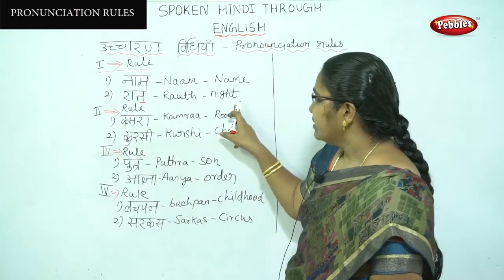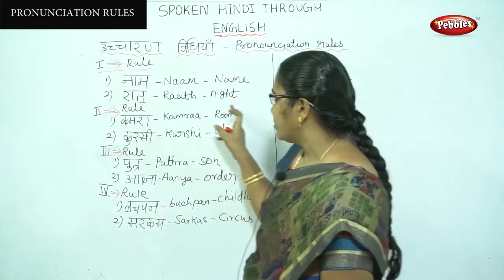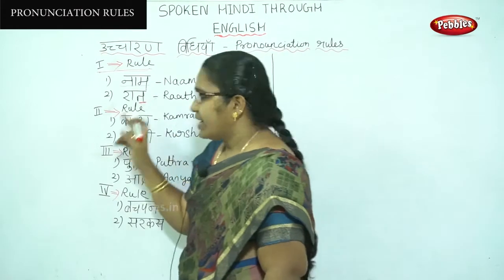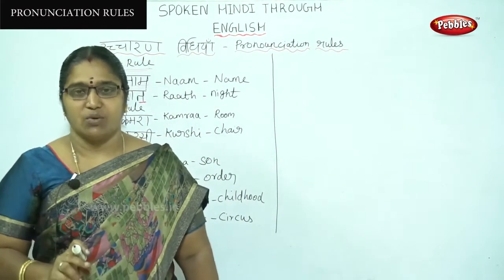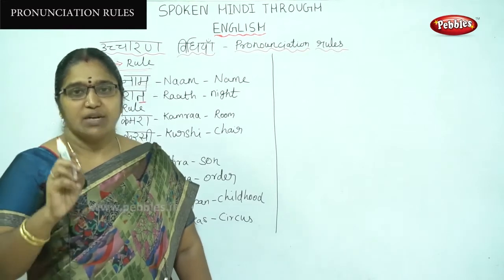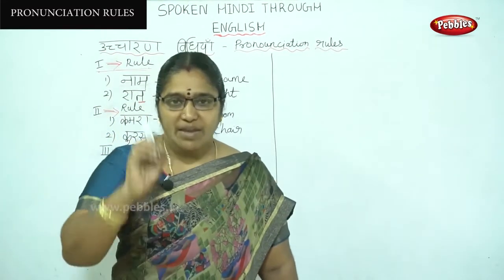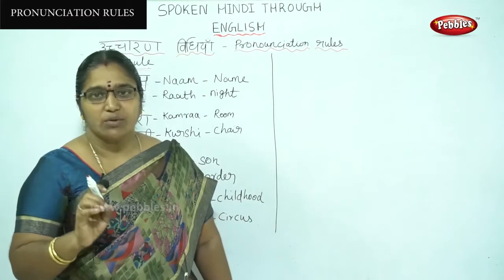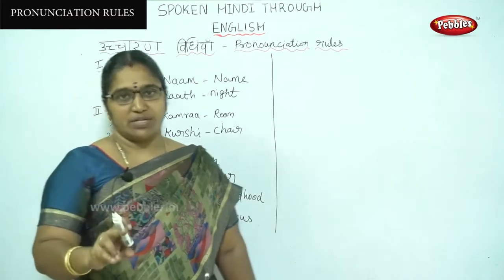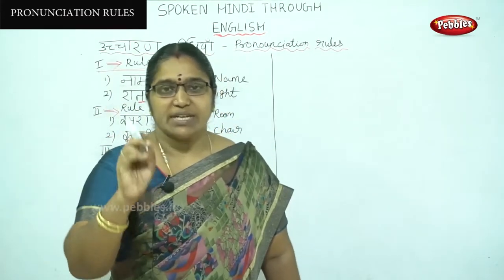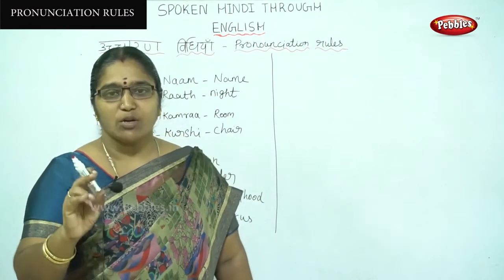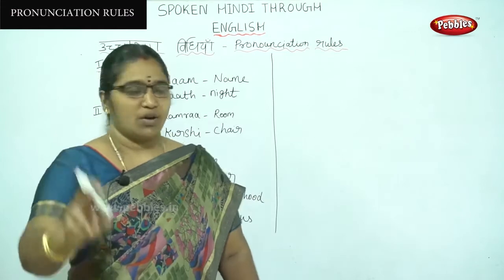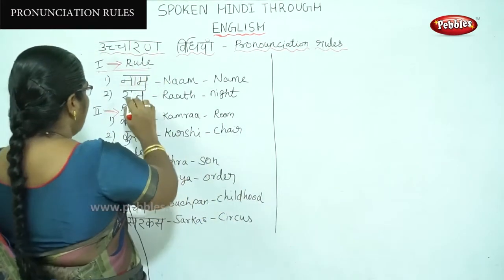When the last letter of the word has a short sound, we have to pronounce it as a consonant. For every word, if the sound is a short sound, we have to pronounce it as a consonant.